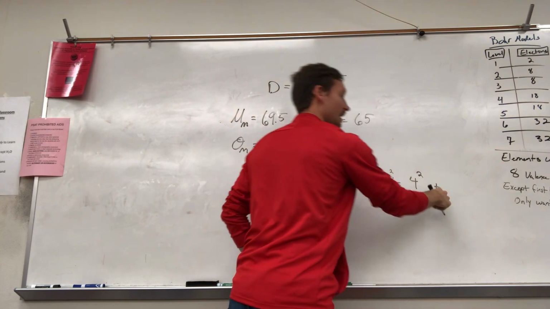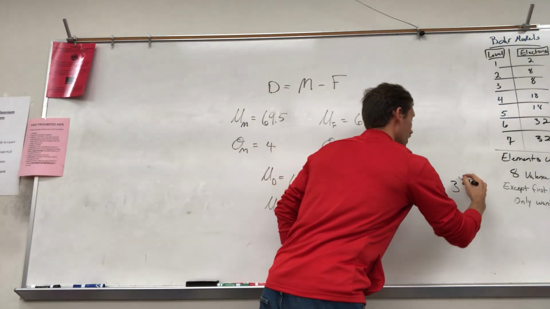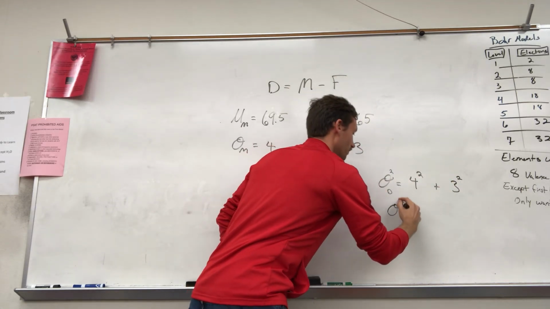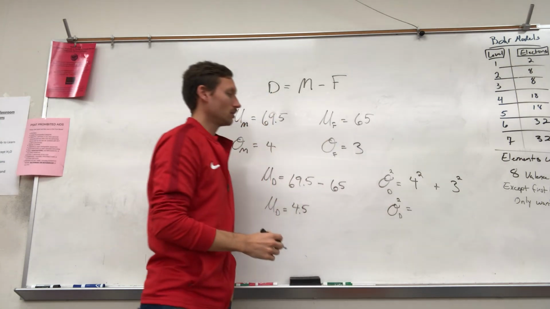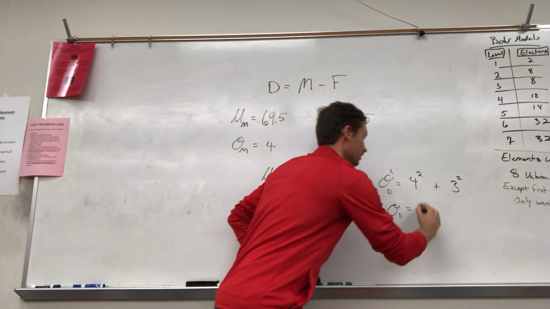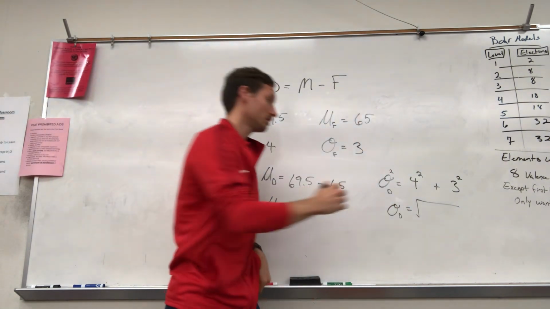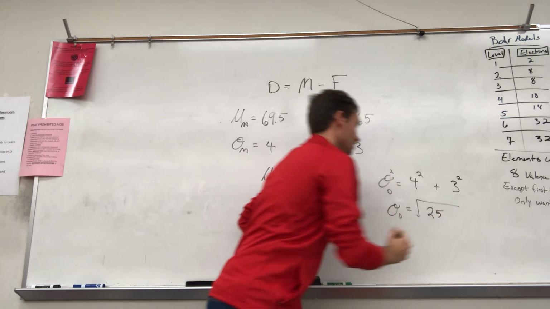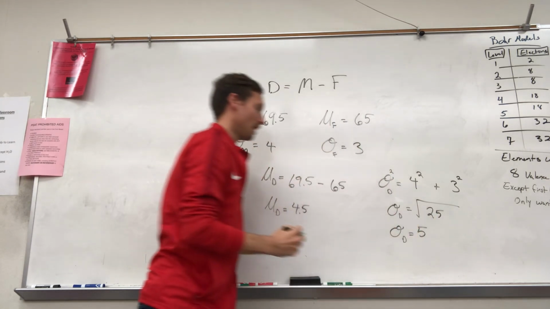I always add variances. I never subtract. Plus 3 squared, because that is the female's variance. So let's take the square root of this, which is 16 plus 9, 25, right? So the standard deviation of the difference is 5.